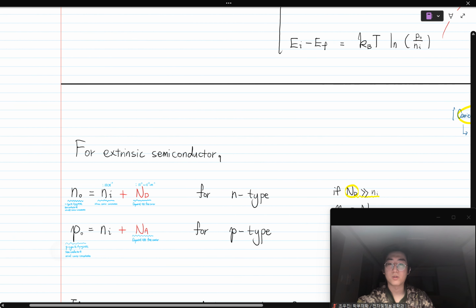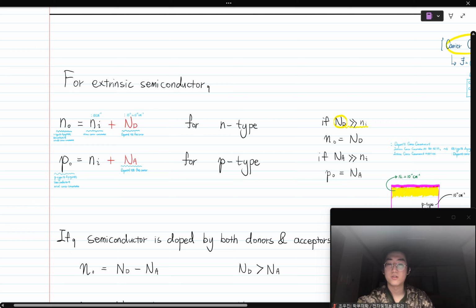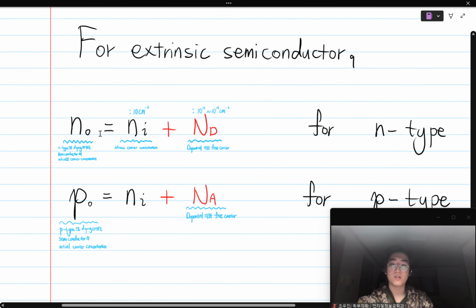Finally, for an intrinsic semiconductor, we can use these equations.